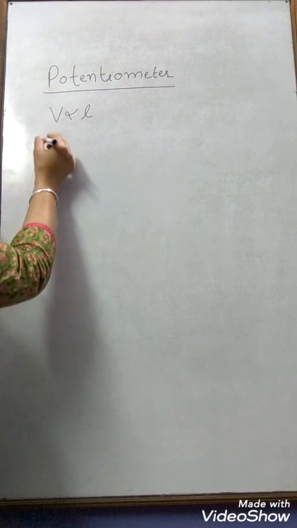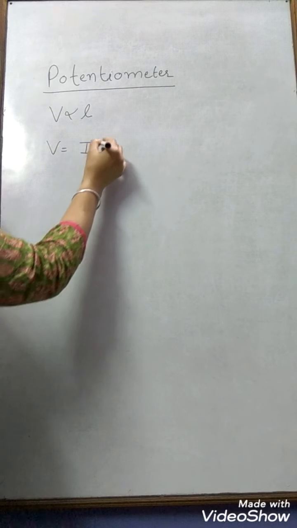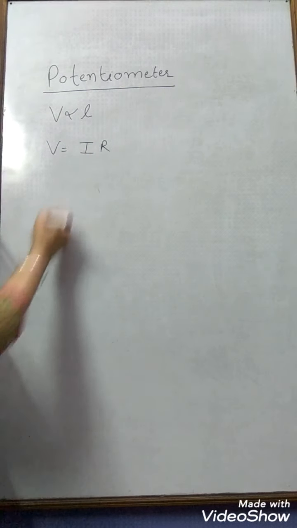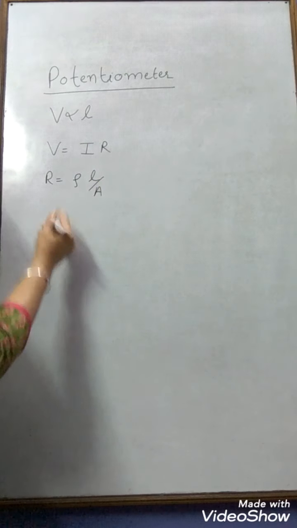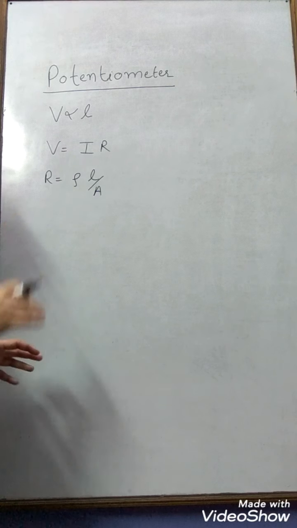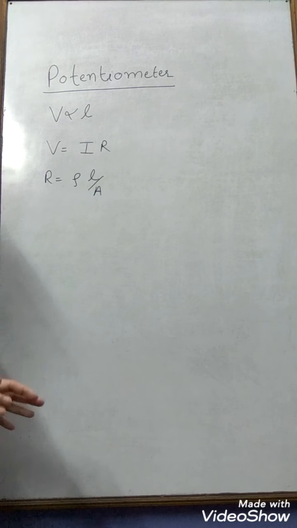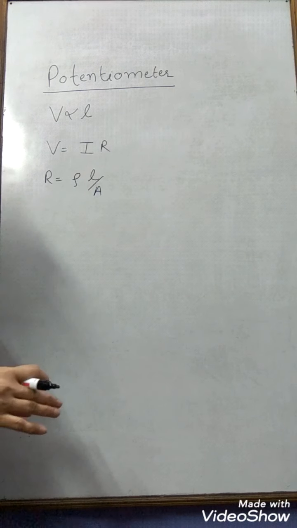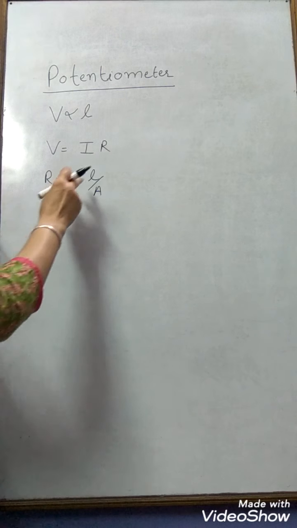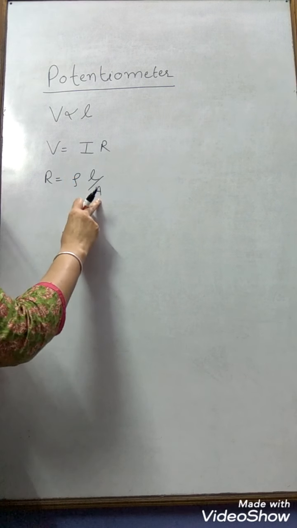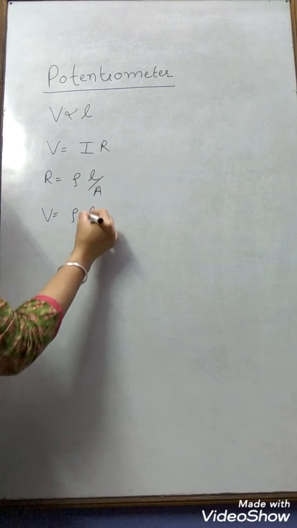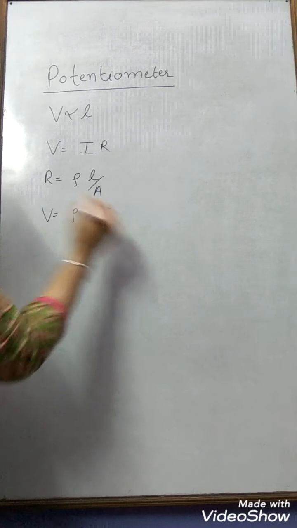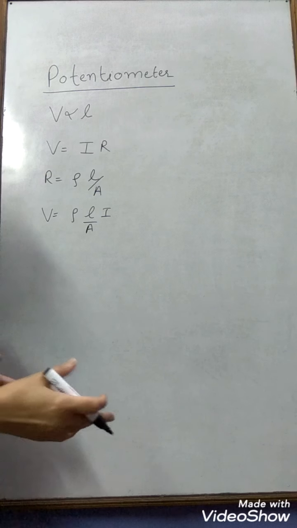If we consider, according to Ohm's law, V is equal to IR, R is equal to rho L upon A. Resistivity, that is the characteristic of the material of which the wire is made, will be part of the potentiometer. Length, area of cross section, and V is rho L I upon A. And what is the condition?